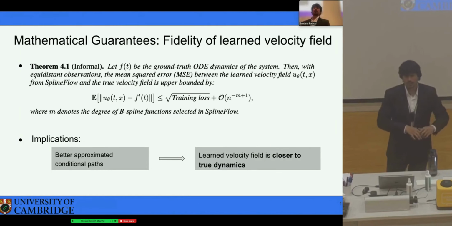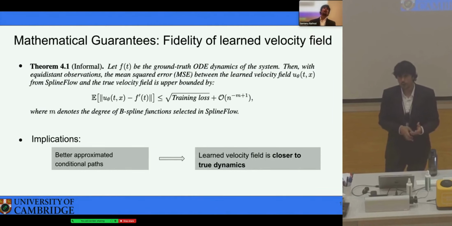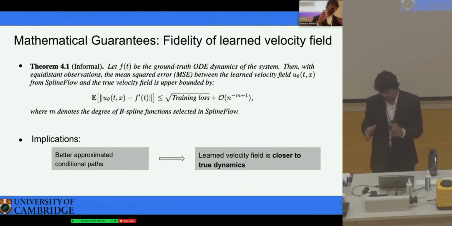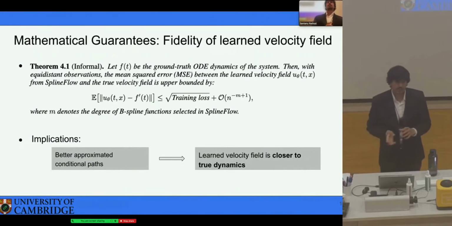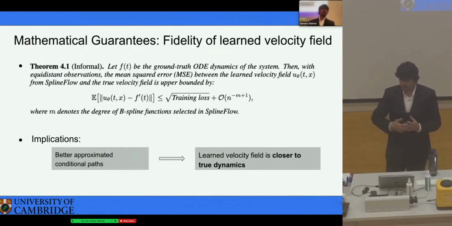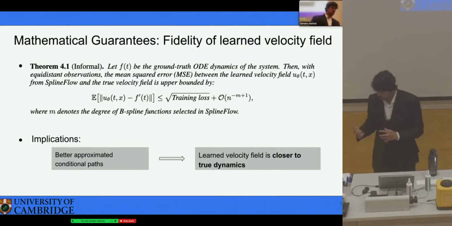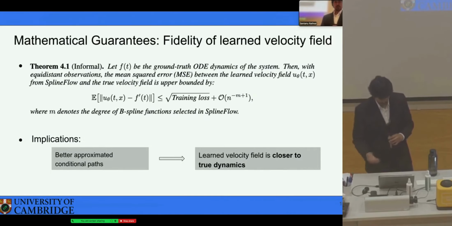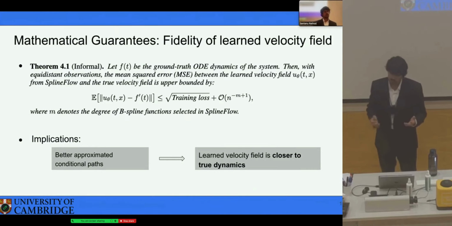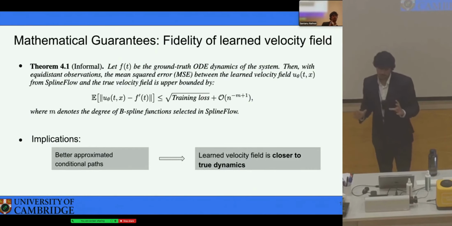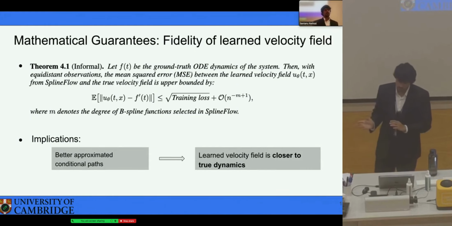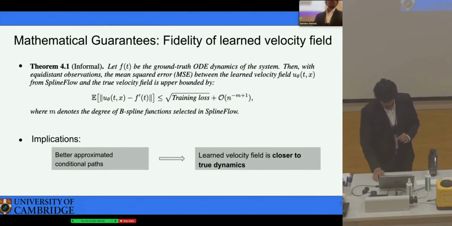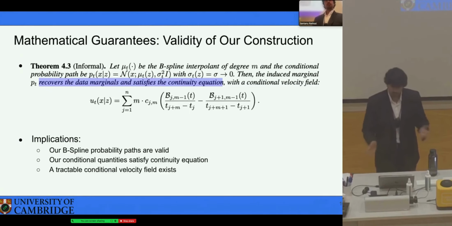In the case of B-spline, because you've characterized the true underlying dynamics well, you naturally get a learned velocity field that's much closer to the ground truth dynamics, so to speak. The implication of this theorem is that better approximated conditional paths eventually lead to a learned velocity field that's true to the underlying dynamics, and that in a sense is what we want.